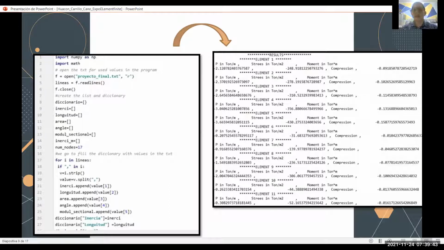The program gives us a result txt which indicates the force of each element, the stress, and the moment, and also determines if it was tension or compression. Finally, it indicates the maximum and the minimum stress, and if the maximum stress was within the limit by DNV.